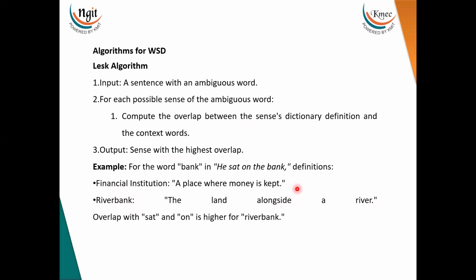These are the dictionary terms it has. Now the overlap with sat and on is higher for riverbank, because no one has sat and on with a financial institution. These are the terms with high relevance to a riverbank. So this is how the Lesk algorithm works.